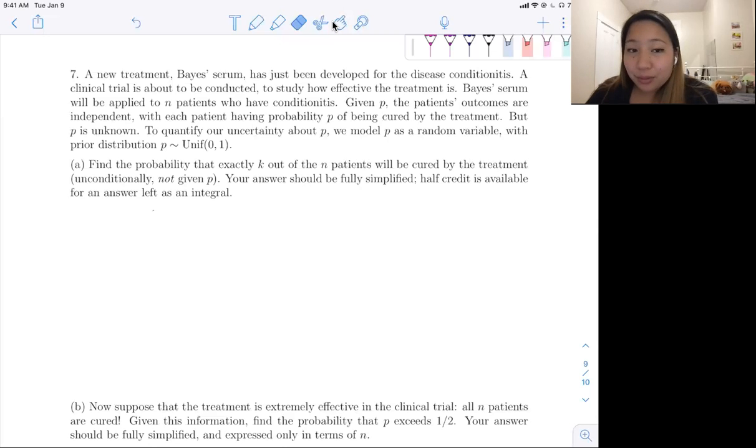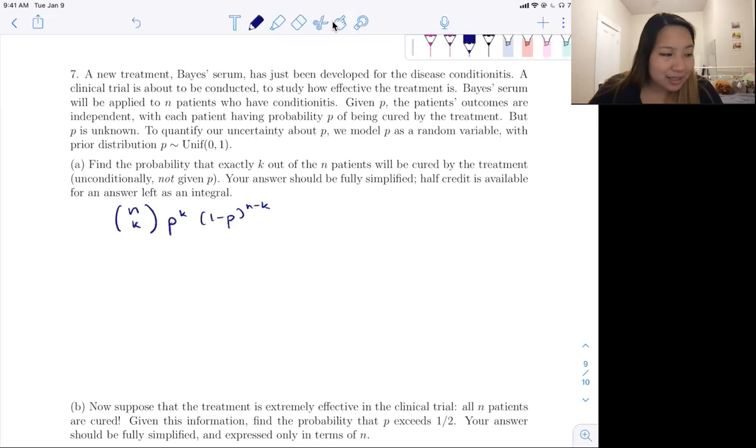So if we do know P, but that's not unconditional, this is going to be just like a binomial. So it's N choose K, P to the K, and 1 minus P to the N minus K. But this is just if we know P. So what we're going to do is integrate over P, and P right now is uniform, so we can just go dP from 0 to 1, since we generally would like LOTP.